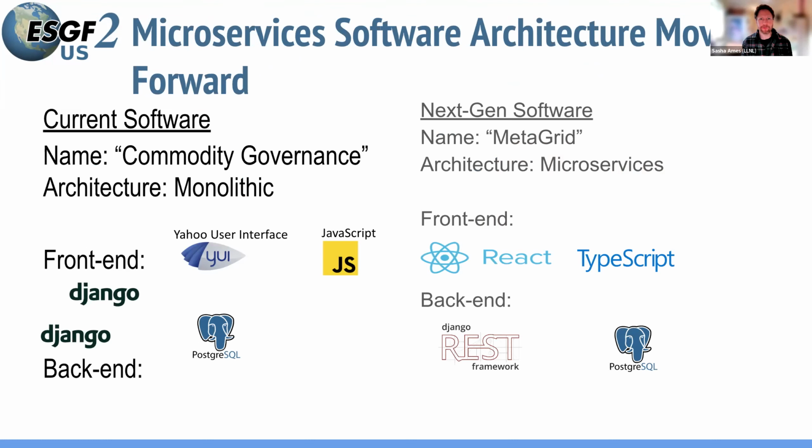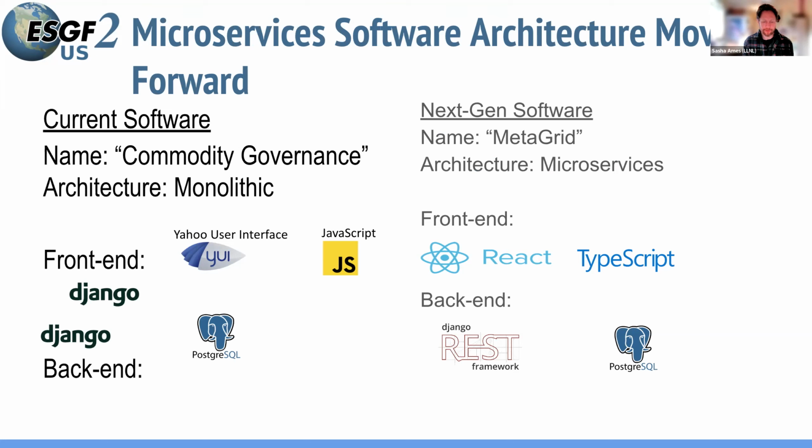So we can compare the microservices architecture with COG, which we call a monolithic architecture because everything is deployed from a single point run by Django. Even in the front end, we have an old UI framework for JavaScript provided by Yahoo. It became pretty obsolete early on.